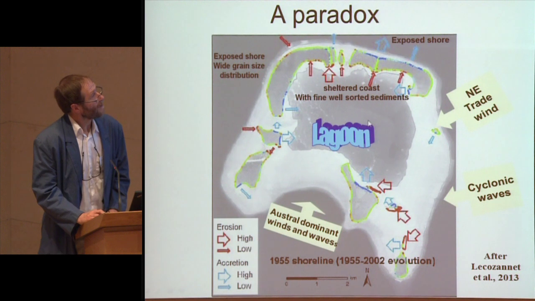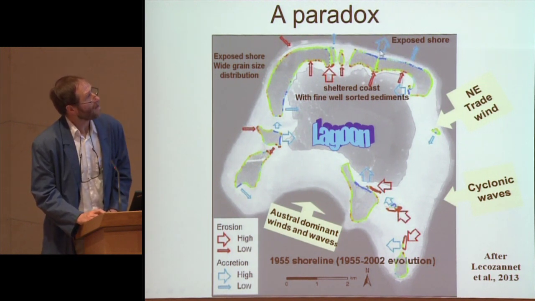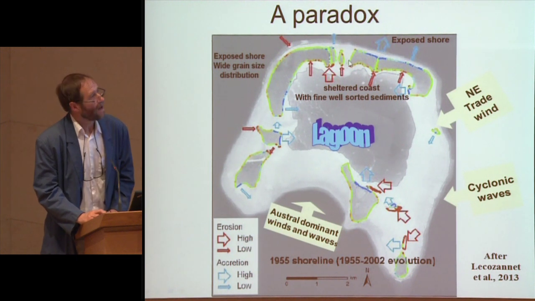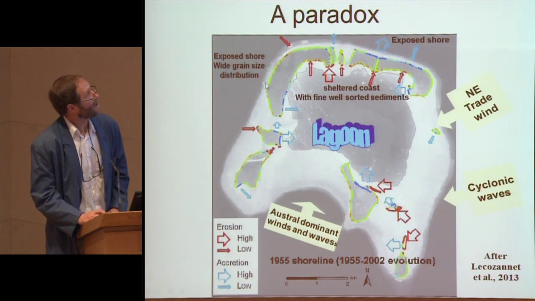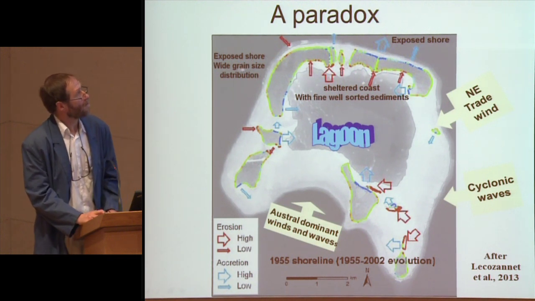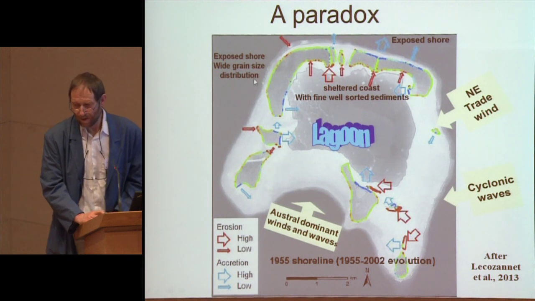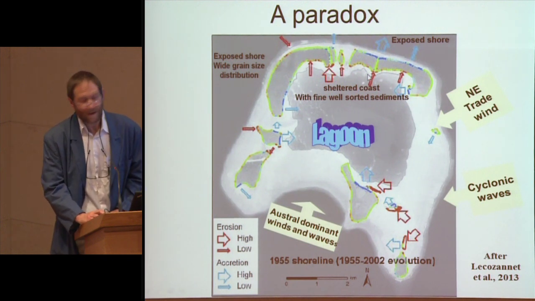It seems that the sheltered coast is more in erosion than the exposed shore. And we propose the relationships between the grain size distribution. Here the sands are well sorted.